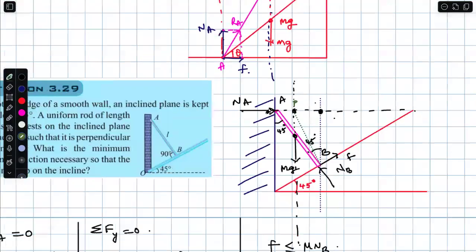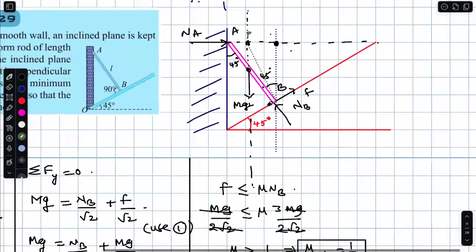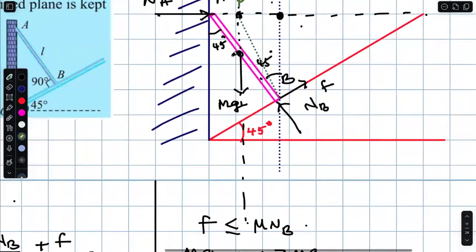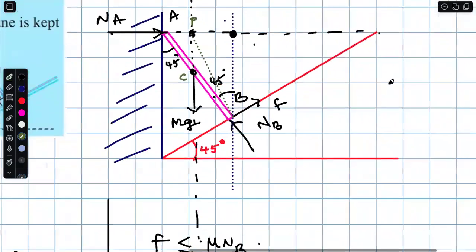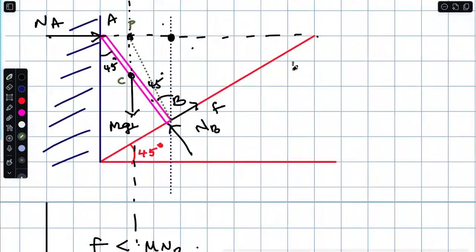One minute. Let us call this C. So from the triangle, what do you have? PC by this angle. Let that angle be phi.